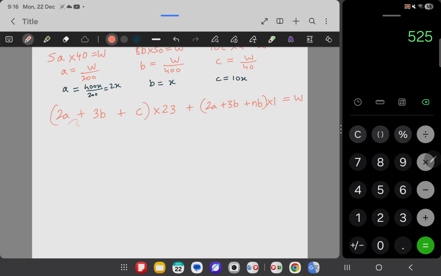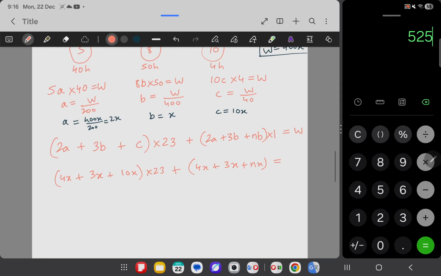So 2A, now writing here, A equals 2x, so 2A will be 4x, 3B will be 3x, plus 10x into 23, plus 2A which will be 4x, 3B equals 3x, plus nx equals our W, which was 400x.